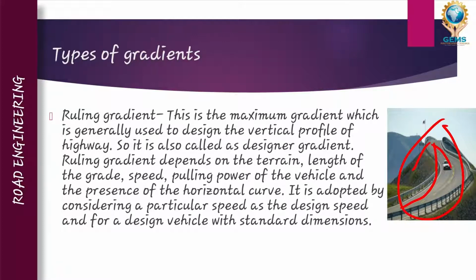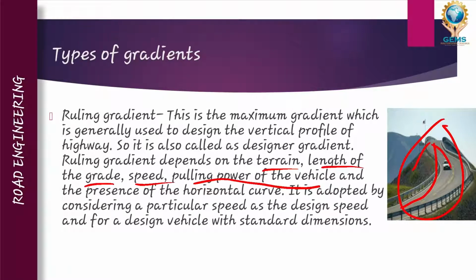Ruling gradient depends upon the terrain, length of grade, speed, pulling power of vehicle, and the presence of horizontal curve. It is adopted by considering a particular speed as a design speed for a design vehicle with standard dimensions.